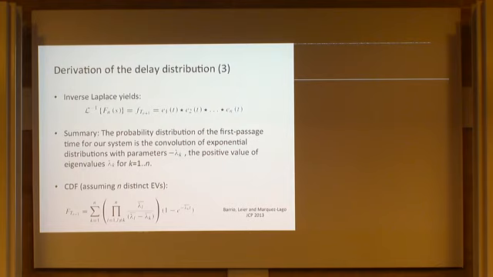Since the lambda k are all negative, these minus lambda k are positive, and we can even get from there the CDF. There is a closed form, assuming that all the eigenvalues are distinct, and then it looks like this function. If they are not distinct, then the function is way more complicated, but there is still a closed solution.